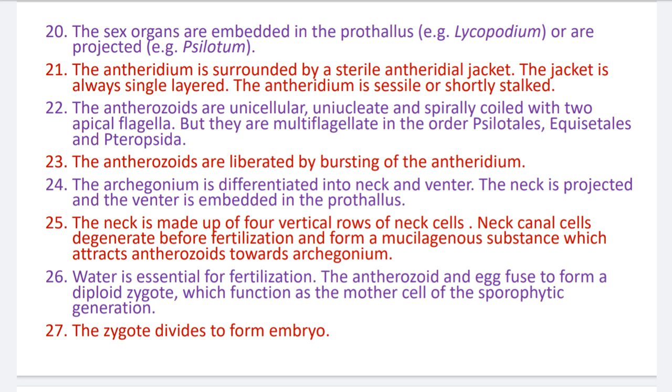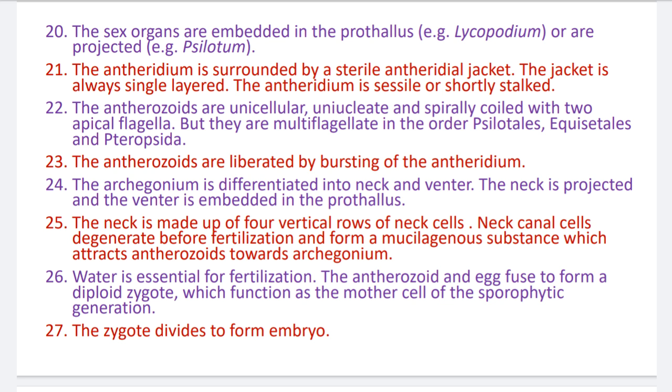So the type of sexual reproduction is oogamous. Oogamous sexual reproduction always takes place between a motile male gamete and a non-motile female gamete. Motile sperm and egg fuse and the diploid zygotic condition develops in the archegonium. Okay, and this zygote goes through further cell division. It produces a small embryo, and from that embryo the sporophytic plant body develops.